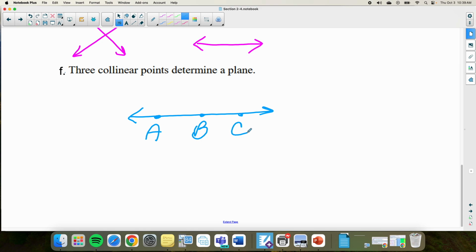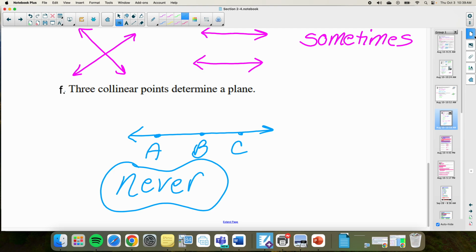So this one is gonna be never, and the reason is, if you think of my little marker here as a line with 3 points on it, you could slice a plane through here, you could do crossways, you could do diagonally. There's infinitely many planes you could go through this. So this one is going to be never. Okay?